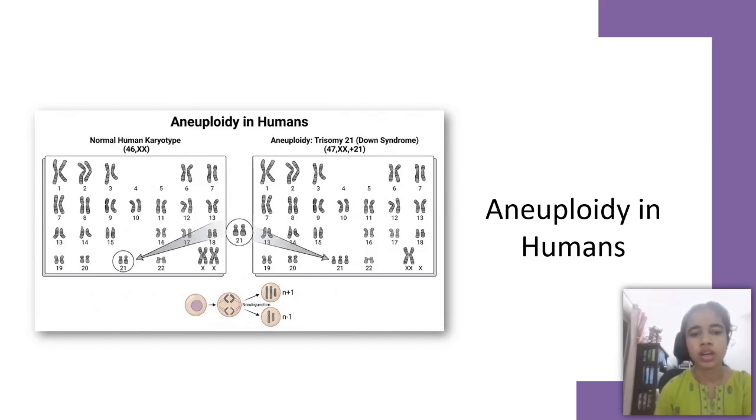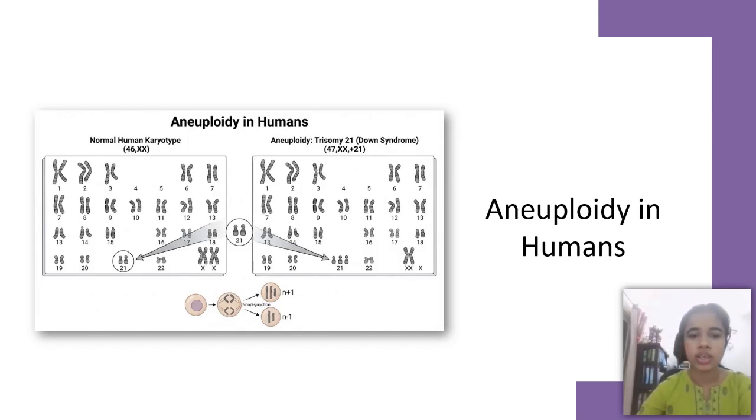Human life depends on the perfect chromosome count, that is 46. During meiosis, when eggs and sperm are made, chromosomes should separate exactly. But sometimes that doesn't happen, and that mistake in separation is called non-disjunction. That tiny counting error changes everything.